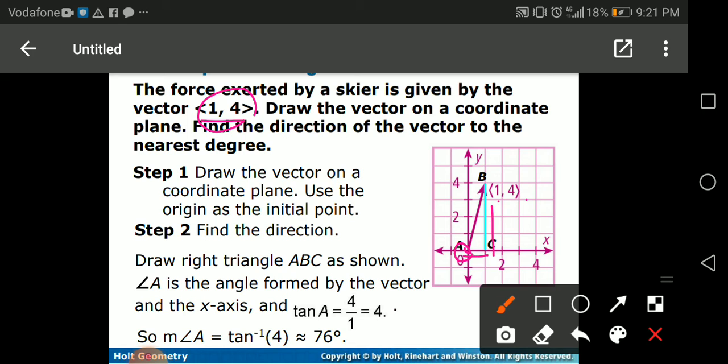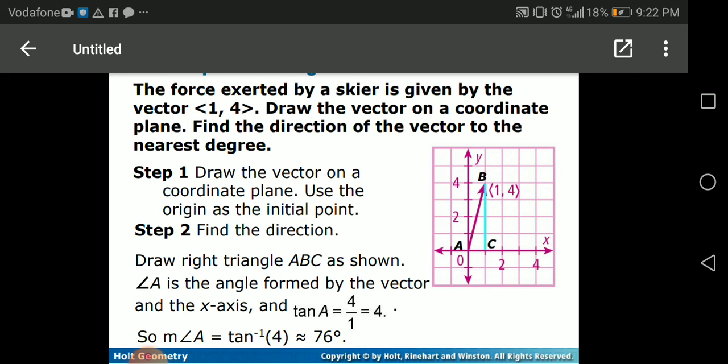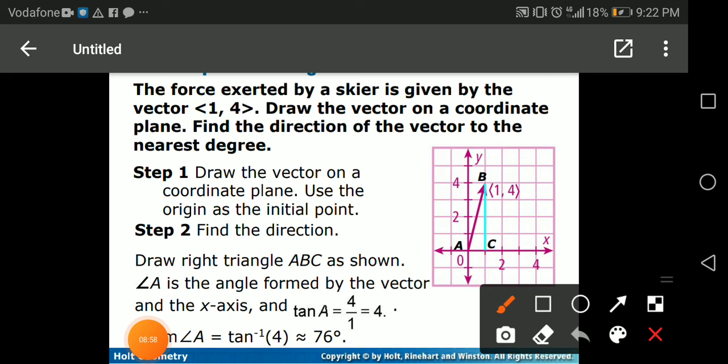Then find the direction of the vector. It asks me to draw the vector on the coordinate plane, and this is very easy. The origin is the initial point, and the terminal point is 1 and 4. Then draw the arrow, as you see, and we have the vector.